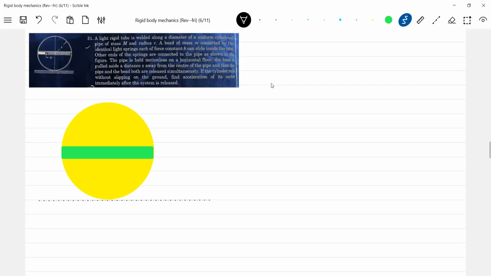Inside the tube, we'll take this one. So the spring will be there. And I'll try to give the diagram so that you'll understand. So here is the particle.